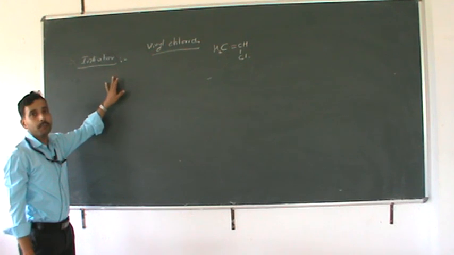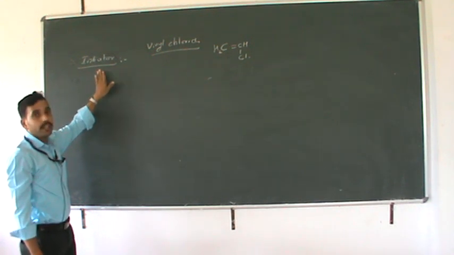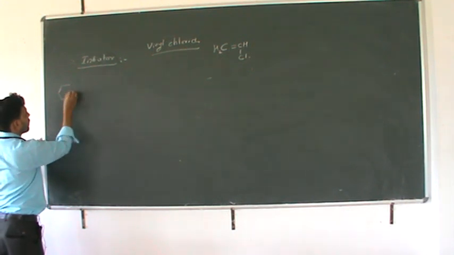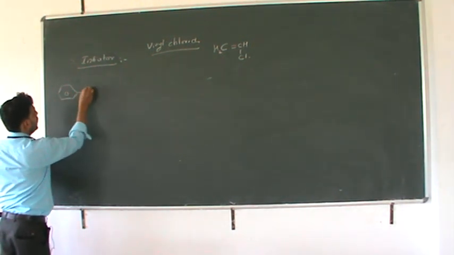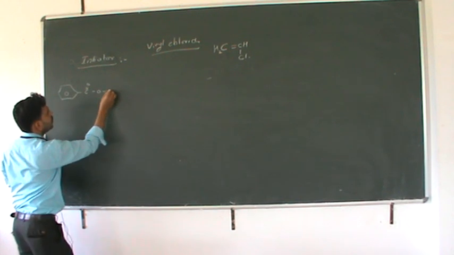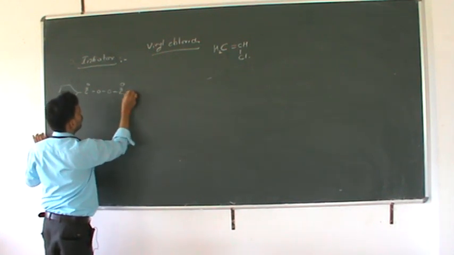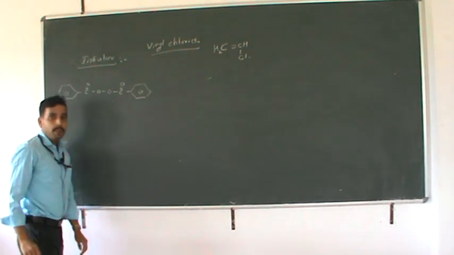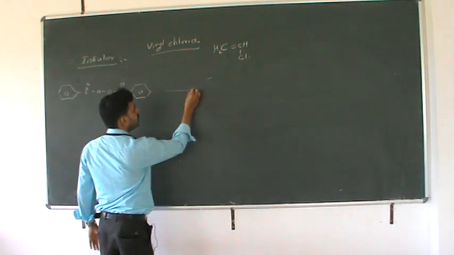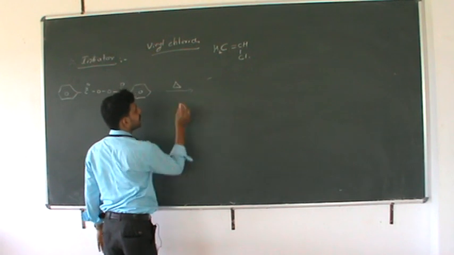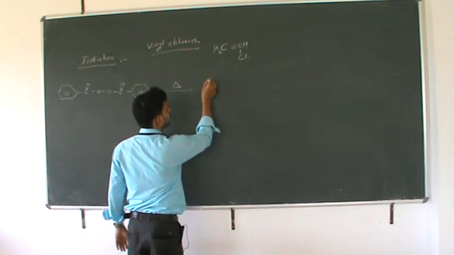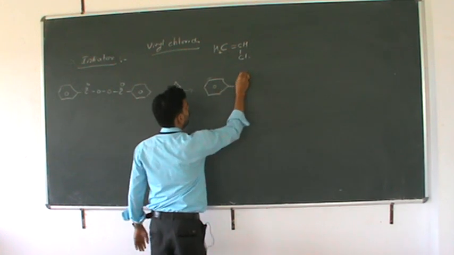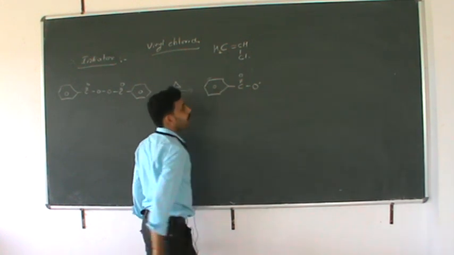It's an example for free radical polymerization. Consider the free radical polymerization. That's why one of the initiators is benzoyl peroxide, C double bond O, C double bond O. With the help of some amount of heat energy, benzoyl peroxide produces C double bond O free radicals.